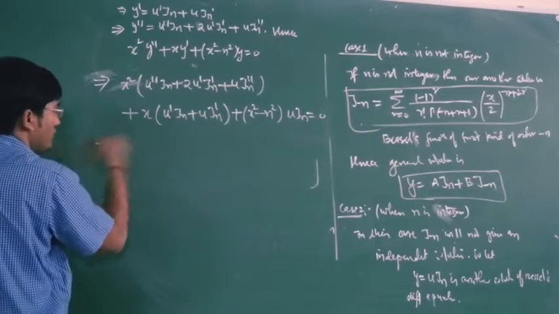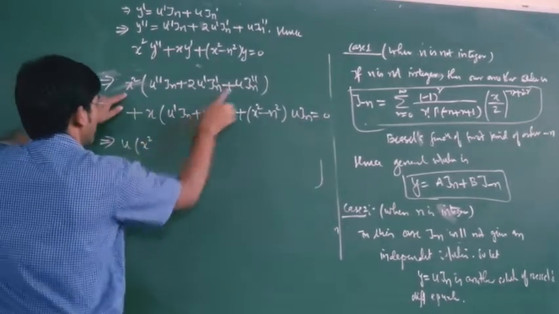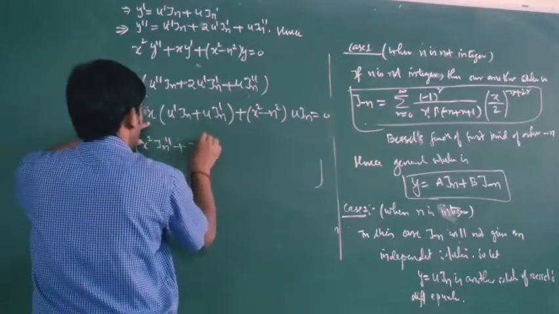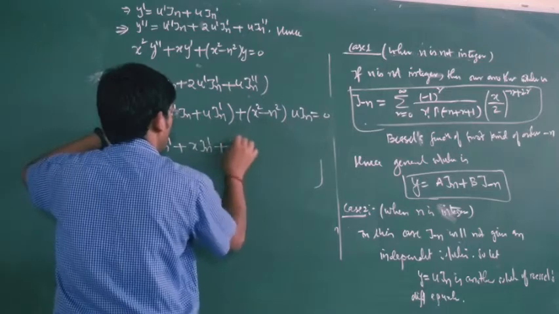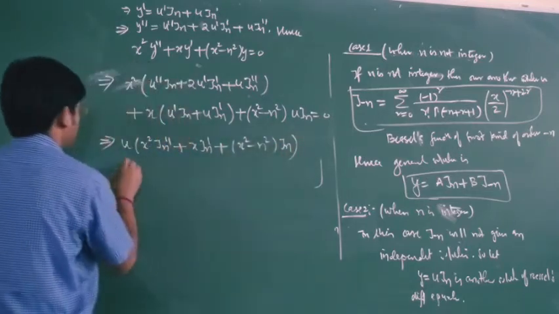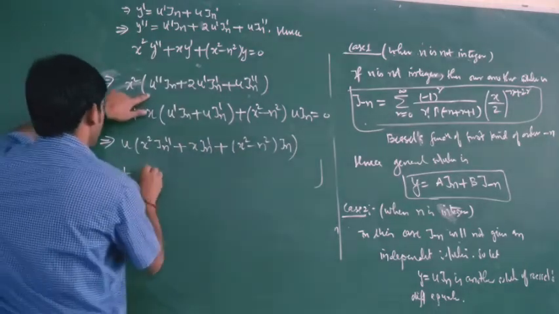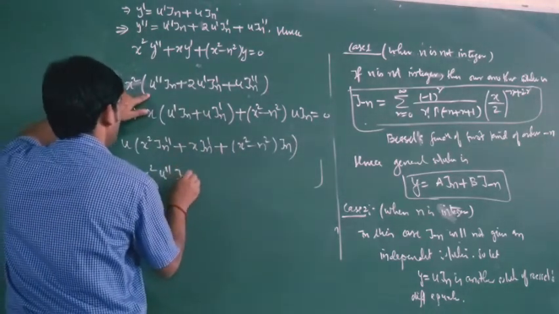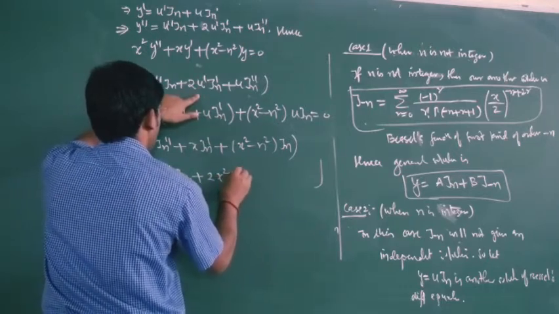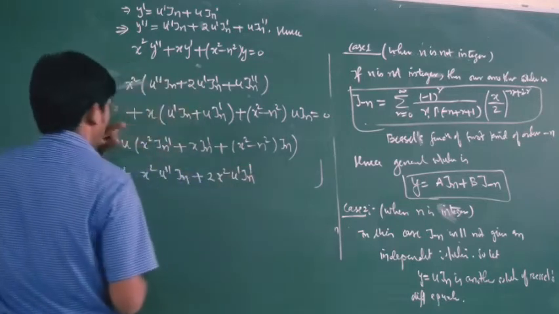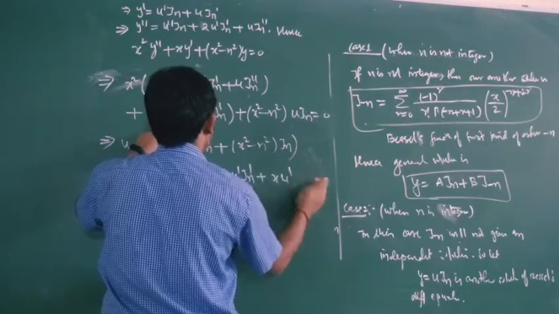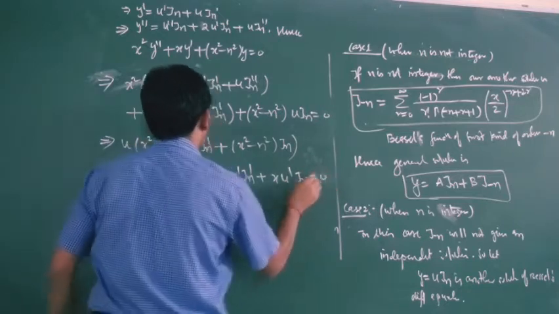Let us take u common: x square Jn double dash plus x Jn dash plus (x square minus n square) Jn. The remaining terms are x square u double dash Jn, then 2 x square u dash Jn dash, then x u dash Jn, equal to 0.